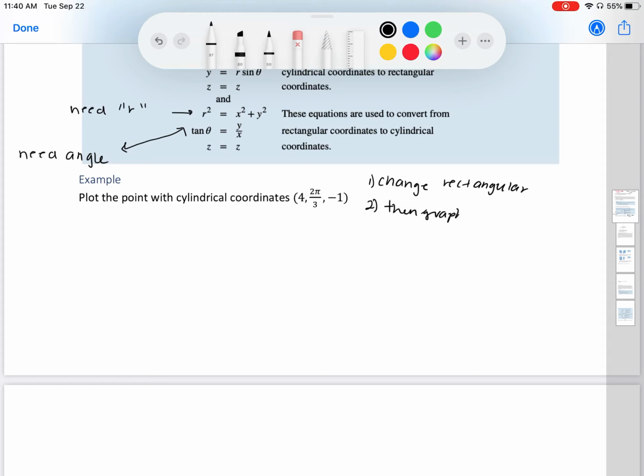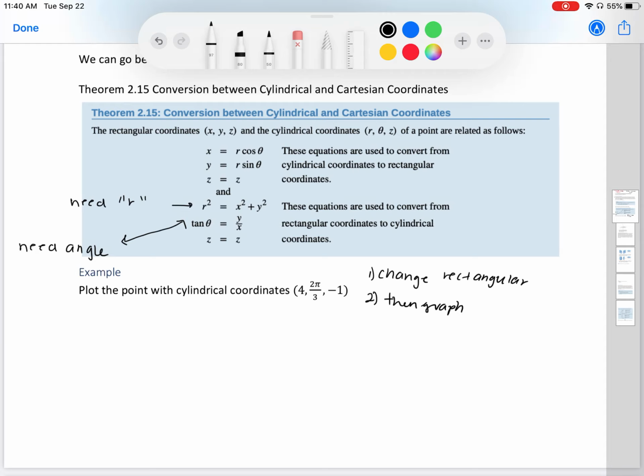We have our conversion rules right above us. We have these values in cylindrical, which are r, theta, and z. We already have z because z doesn't change. We just need to find x and y.